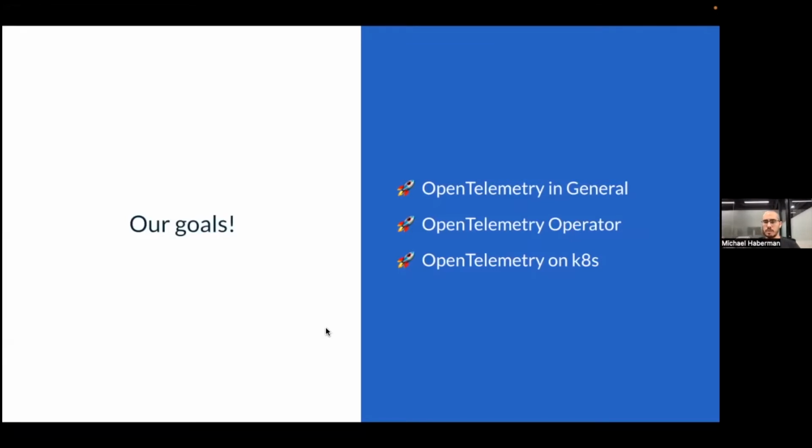And then we're going to deep dive into the OpenTelemetry Collector and how to deploy it in Kubernetes using a Helm chart and the OpenTelemetry operator. So by the end of this session, you know what OpenTelemetry is, you understand why the collector is so important, and how to deploy it in Kubernetes.